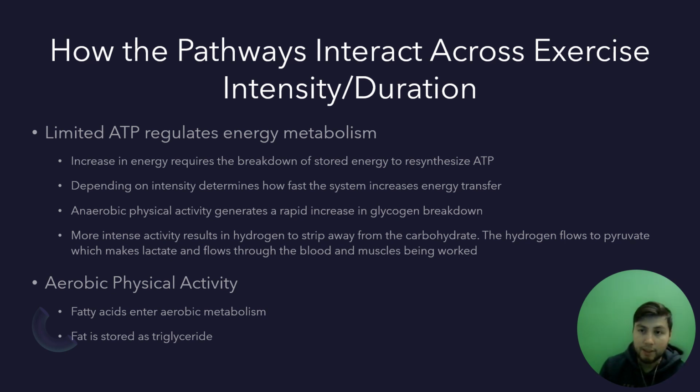So you're thinking about doing a sprint, powerlifting, anything that doesn't have to deal with heavy breathing or much oxygen. You're going to be looking at more of the glycogen breakdown.